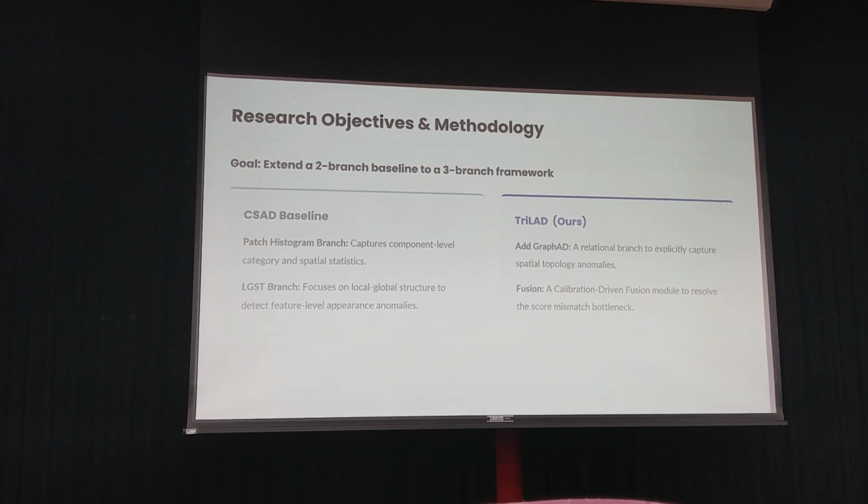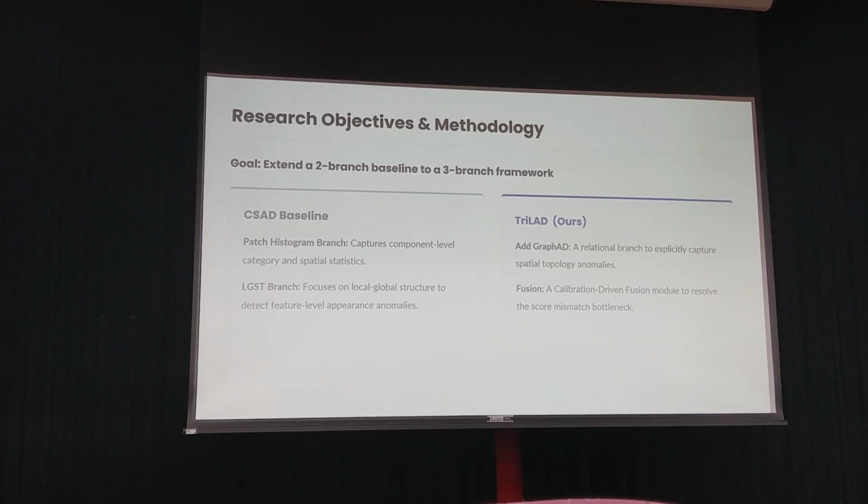My goal is to extend a two-branch baseline into a three-branch framework. The inherited baseline comes from a CSAD-based design. It already includes two branches: the first focuses on component level anomaly cues, and the LGSD, which focuses on feature level anomaly cues.